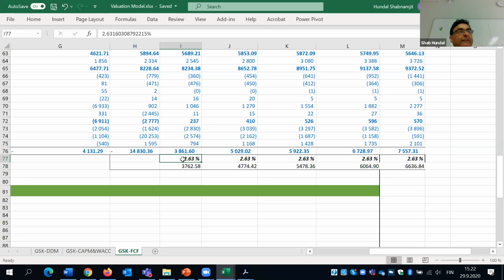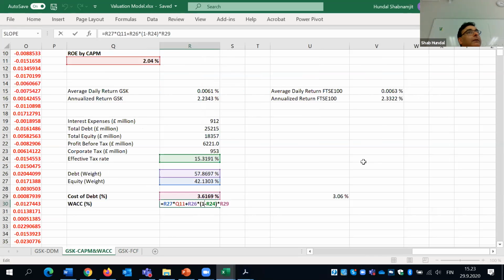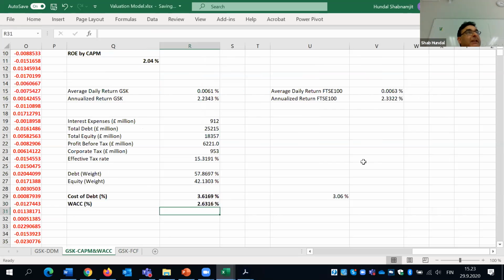Have you seen 2.63 anywhere else? Fantastic. This was your weighted average cost of capital. So if you go to the middle spreadsheet, you will find out this is 2.63, which was your weighted average cost of capital. And before we went to the break, I mentioned that for a company which has lots of debt, I would rather not use CAPM alone.